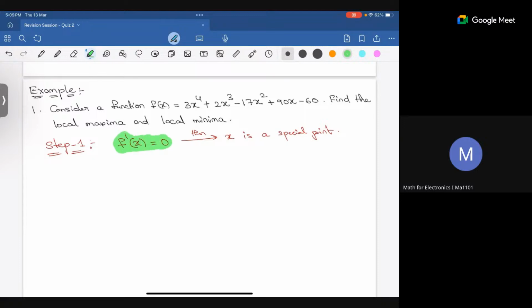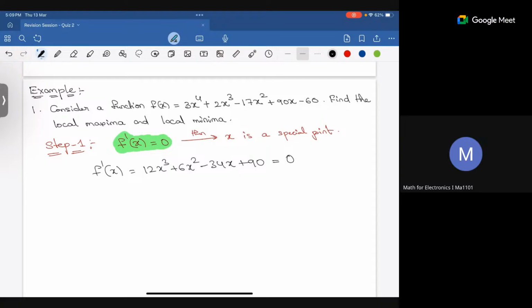So how can I do this? I have to compute f prime of x first. If I compute f prime of x, that will be 12x cube plus 6x square minus 34x plus 90. This is the derivative, and to find the critical points I have to equate it to 0.